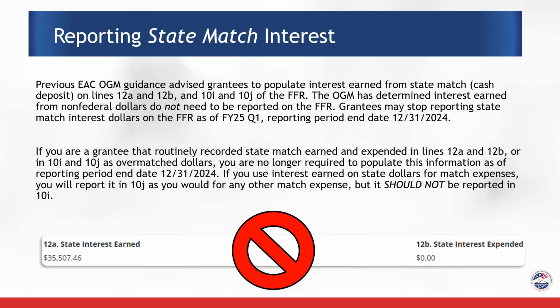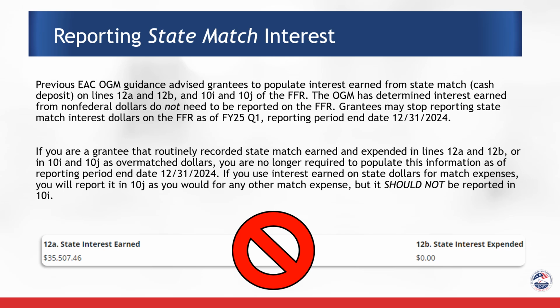Grantees can stop reporting state match interest dollars on their FFR as of F25Q1, which is the reporting period ending 12/31/2024. So to say again, please continue populating 12A and 12B if applicable to your state office through FY24's annual report. Come FY25's Q1 report that's due in January, you no longer need to populate 12A and 12B.